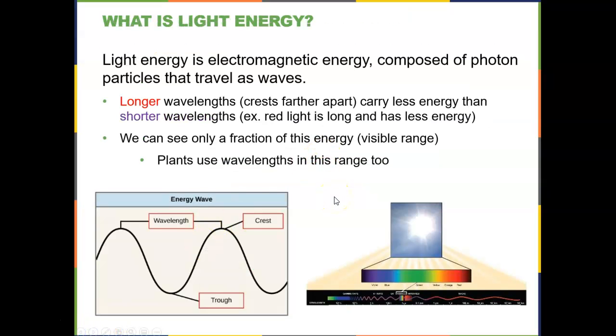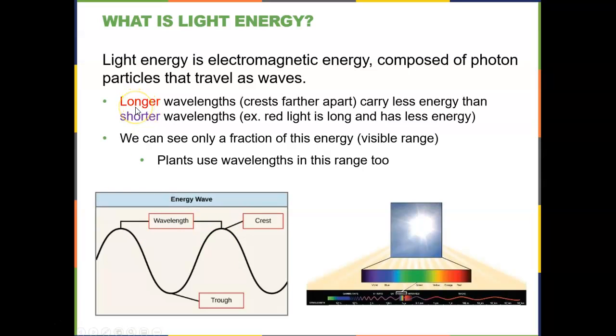So what is light exactly? Remember that light is energy from the sun. It's electromagnetic waves composed of photon particles, and these do travel in a wave formation. So we see this oscillating formation of an up and a down. The difference from the top of one wave to the top of the next wave, the crest, is called a wavelength.